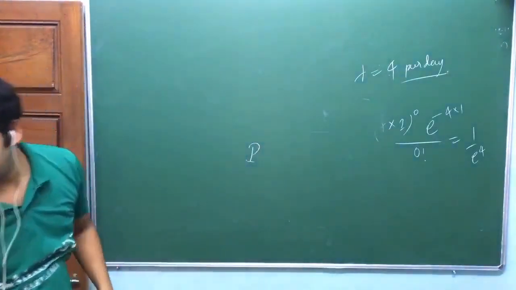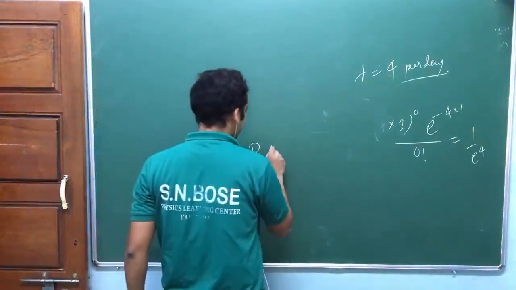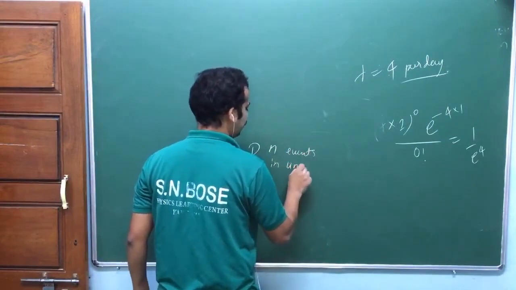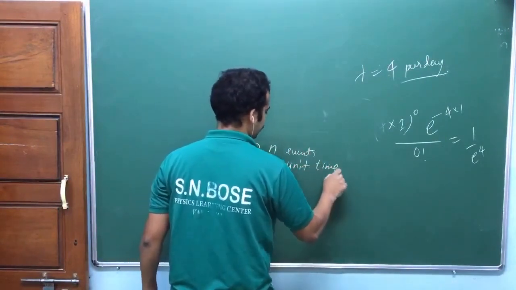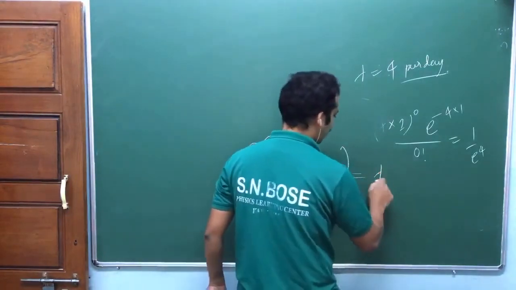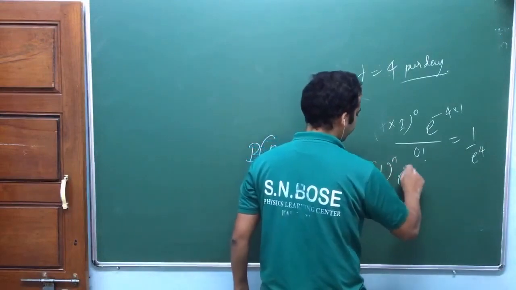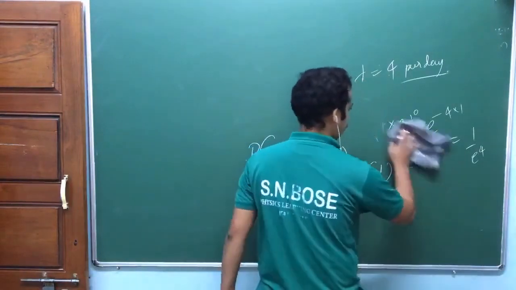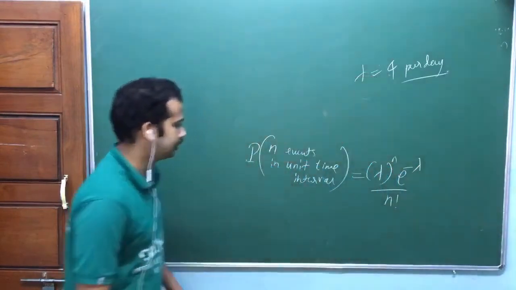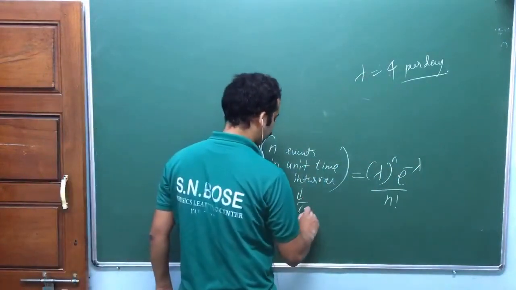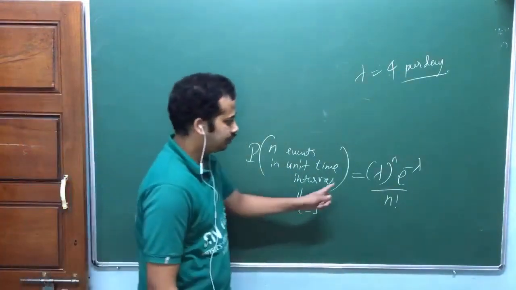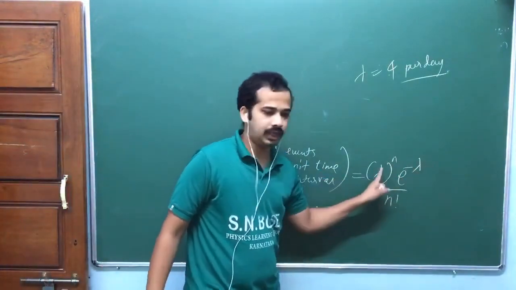The probability of n events in a unit time interval is lambda tau to the power n, e to the power minus lambda tau, divided by n factorial. So tau equal to 1 here. Unit time interval means tau equal to 1. Then your Poisson distribution will be like this. Tau is there, but it's equal to 1.